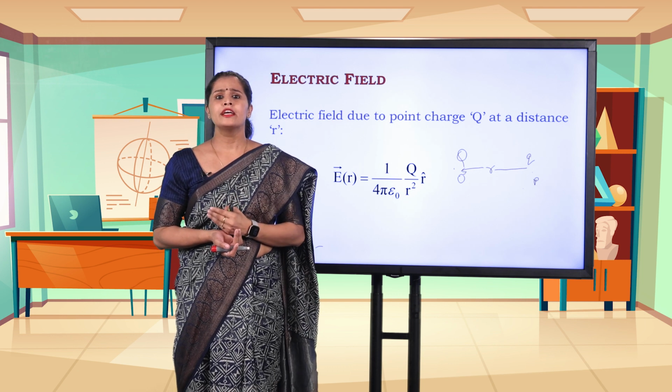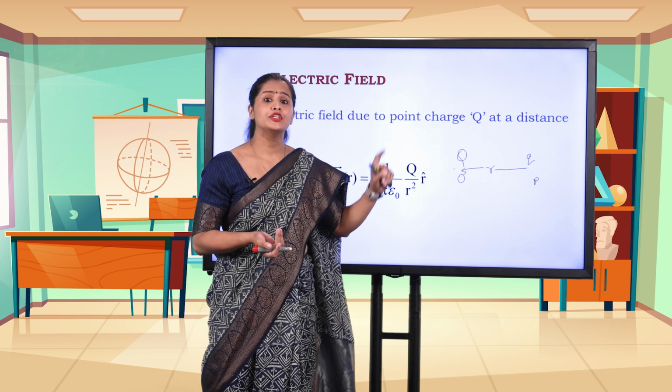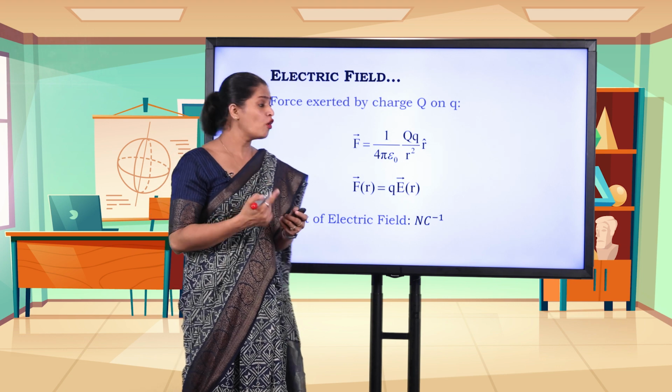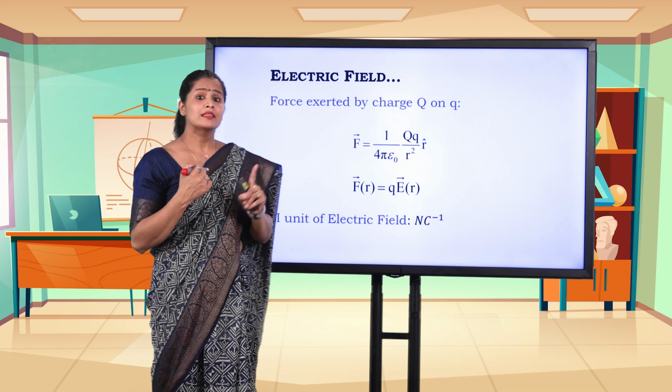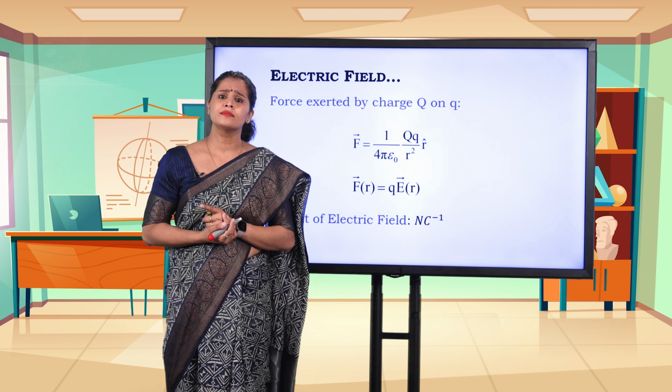So, learners, can you find out the force acting on q due to capital Q? Yes, the force on this charge will be F equals 1 by 4 pi epsilon naught product of the charges Q q upon r square into r cap. Now, tell me, will the charge q also exert force?